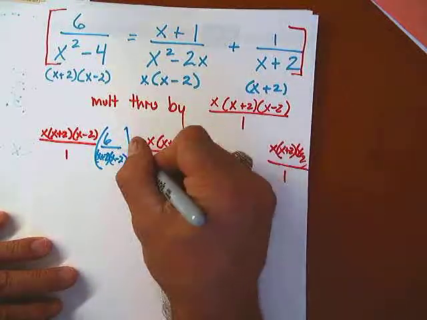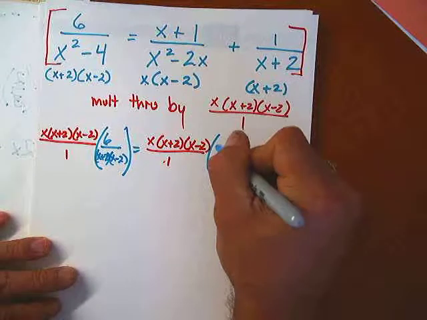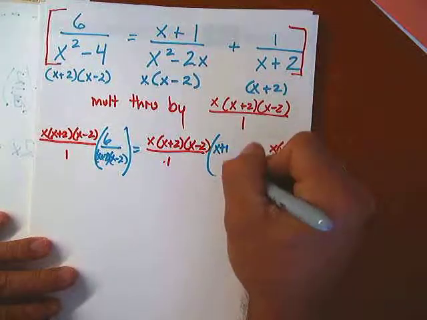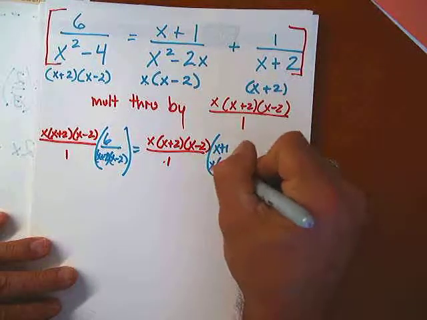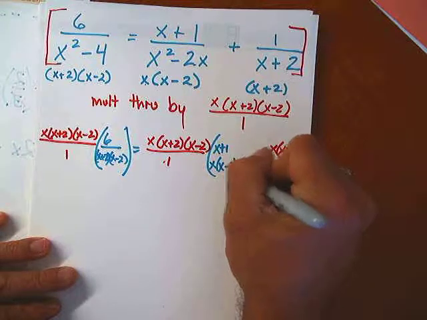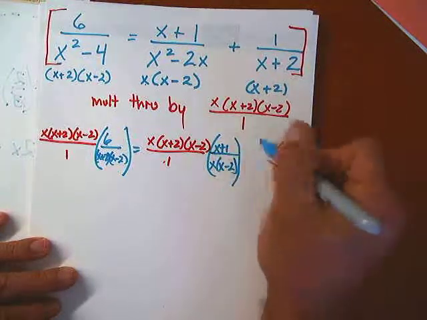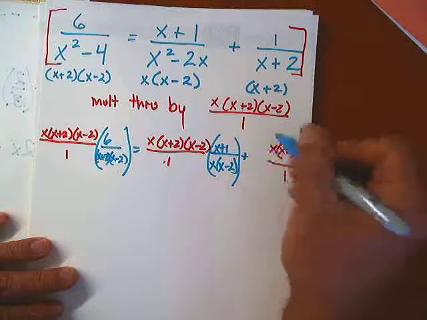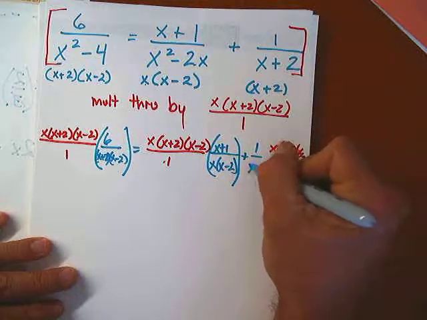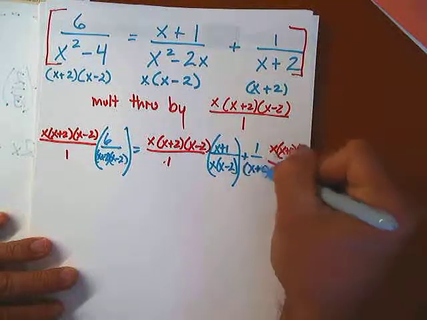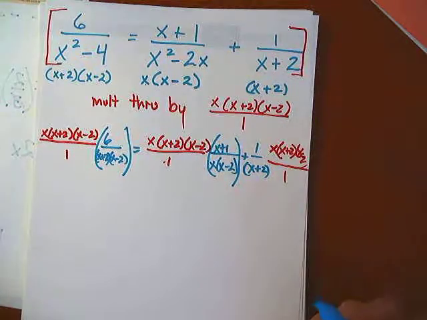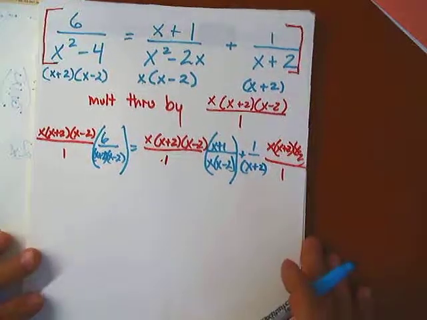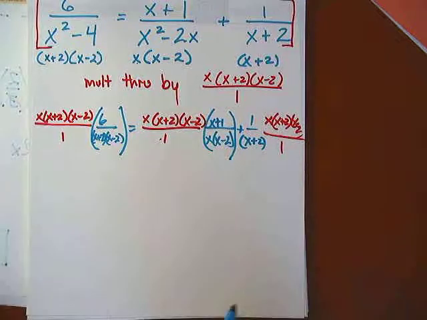And I'm going to multiply by 6 over x plus 2, x minus 2, equals x plus 1 over x times x minus 2, plus 1 over x plus 2.